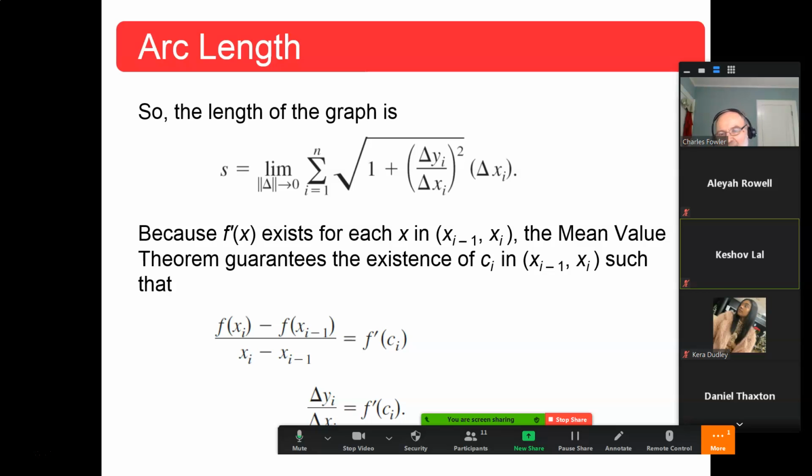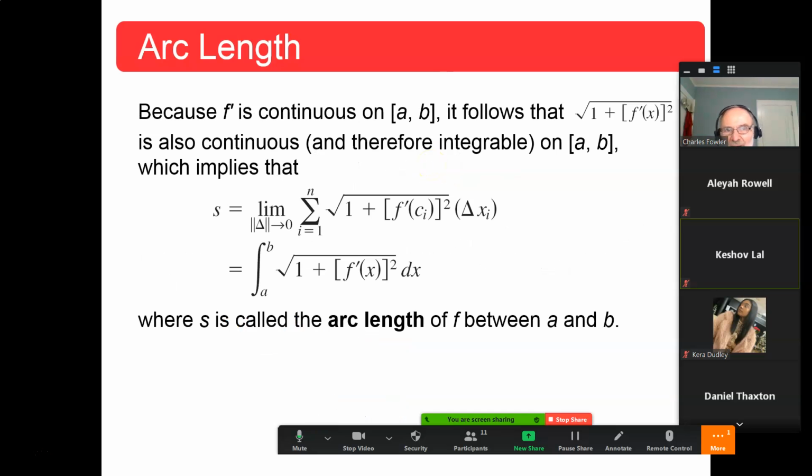They really bog it down with all sorts of verbiage. If you just think of that as dy/dx, that's y prime, you would jump right to it.